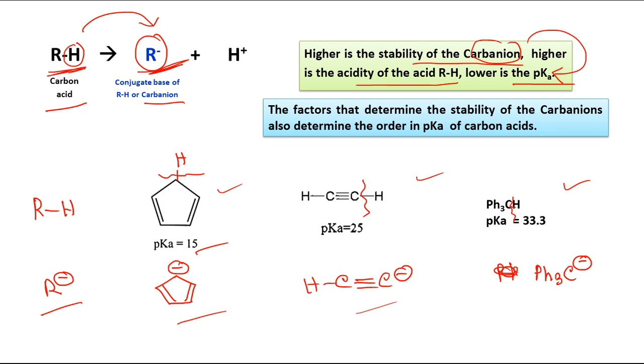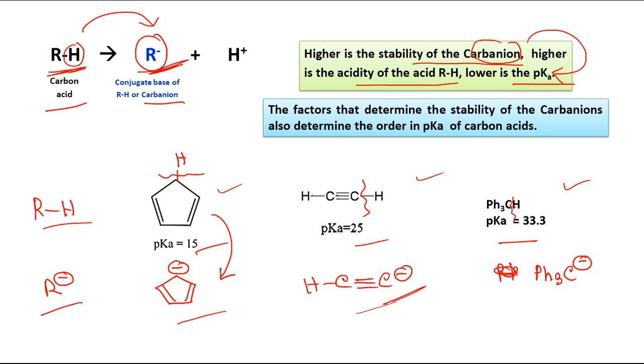Now pKa values are given. So lower pKa means what? This RH is a very good acid, so it will mostly remain in this form, so it is very stable. Now the next pKa, 25, is an intermediate value. Compared to the first one, the corresponding carbanion is less stable, but compared to Ph3C minus, it is more stable.